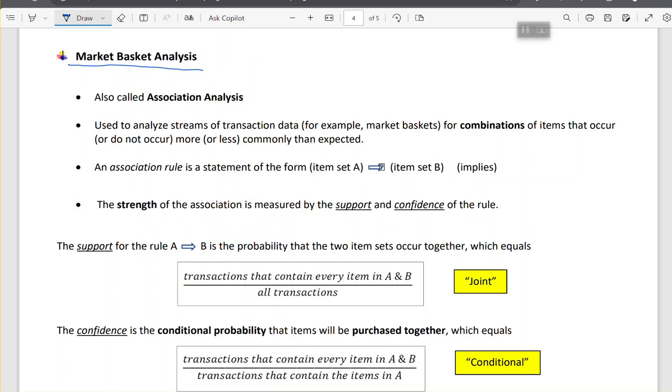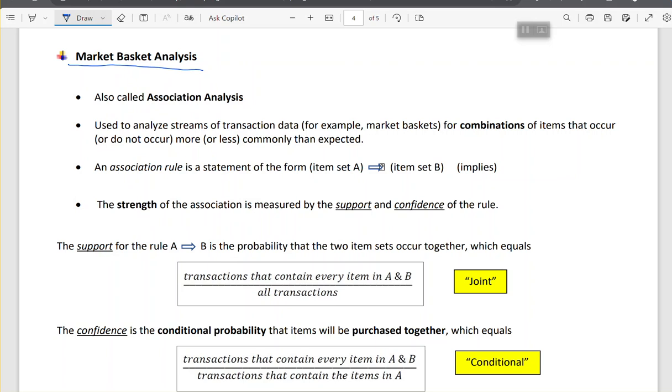For example, the phone and the phone case. If you go and buy an iPhone, do you also tend to buy a phone protector case? Most likely, yes, very likely. The other way, if you go and buy an iPhone protector case, do you also go and buy an iPhone? May not.